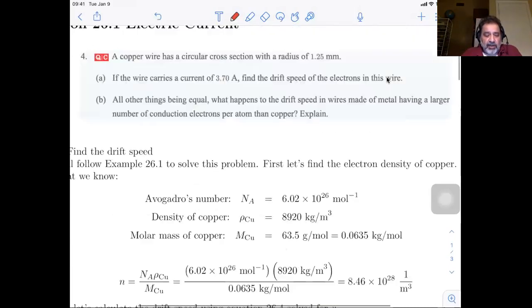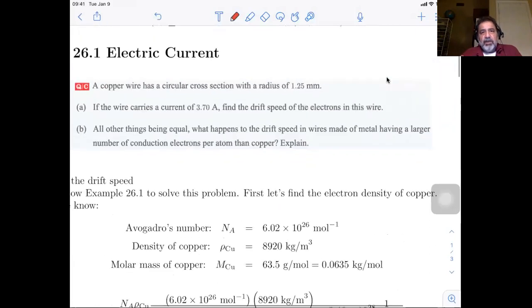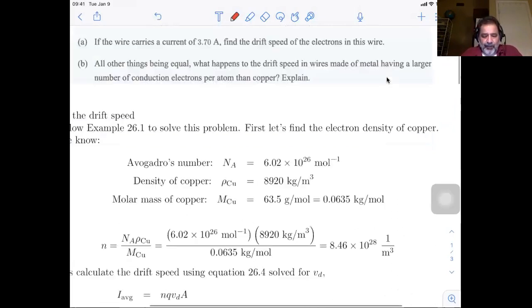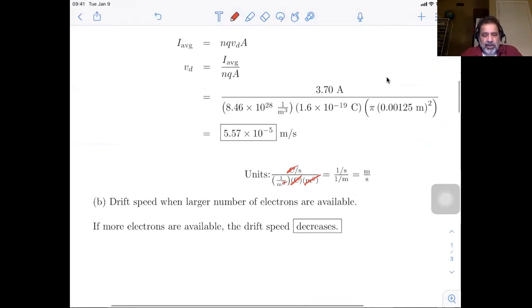Now the second question, part B, is: all other things being equal, what happens to the drift speed in wires made of metal having a larger number of conduction electrons per atom than copper? Well, since there's more electrons available, the drift speed will decrease.